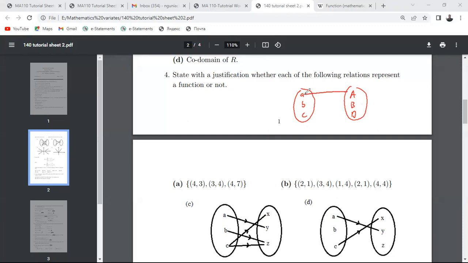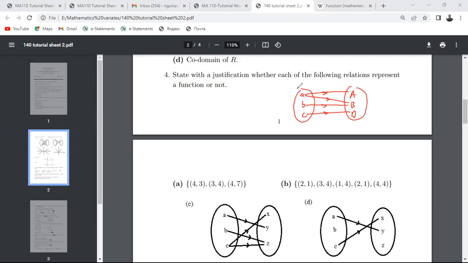When you do that, you can have that and that. This is very okay.